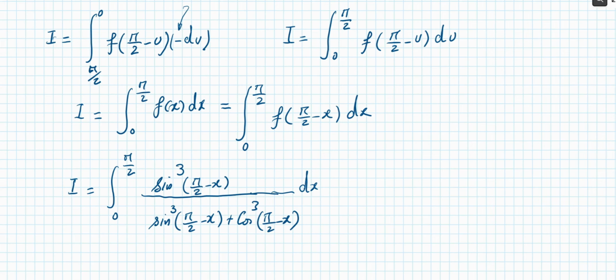But we realize that sine of pi over 2 minus x is cosine of x. And cosine of pi over 2 minus x is sine of x.